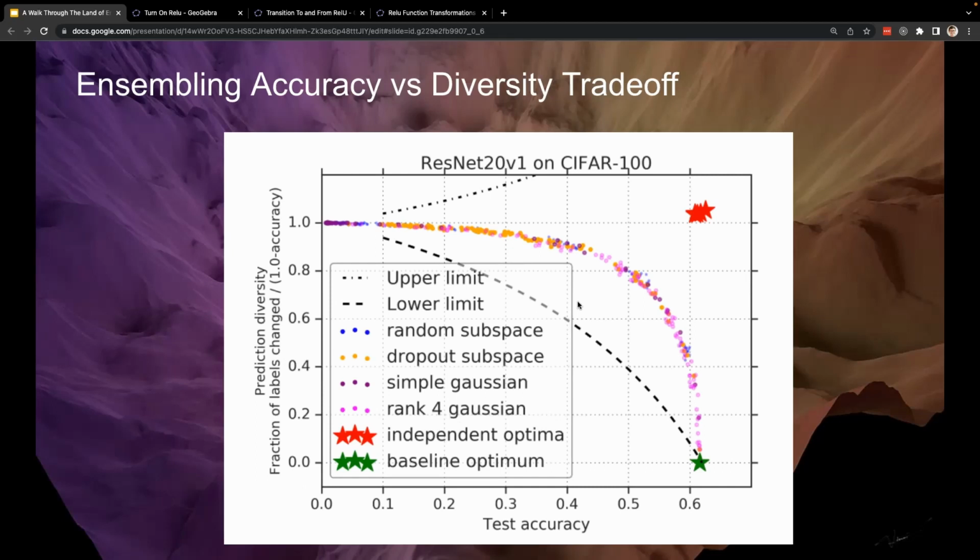If I have a model that's 95% accurate and I perturb it with one of these things, you're not really going to expect more than 5% of the things to change, because I'm really sure about the 95% I'm getting right. Whereas if I have a model that's only 60% accurate, then there's a whole 40% of things that I can flip because I'm only confident on 60. So it's just scaling it so that they're all on the same 1.0 scale.